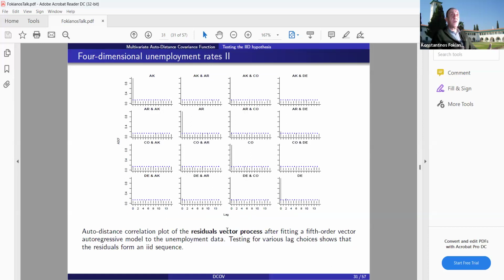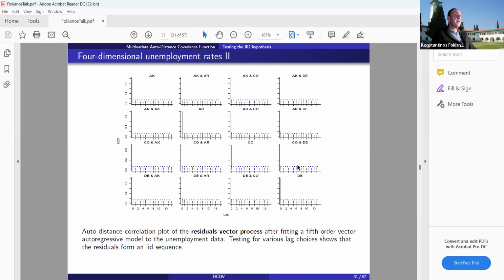So we fit the model. There is a residual, as we know, and then we can test for various lag choices. We can plot the sample autocorrelation matrix together with this confidence interval. So you see here, this is the auto distance covariance matrix of the residuals after fitting the model. And as you see, it's quite satisfactory.